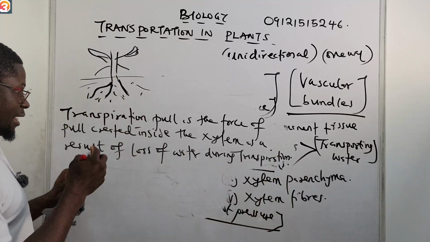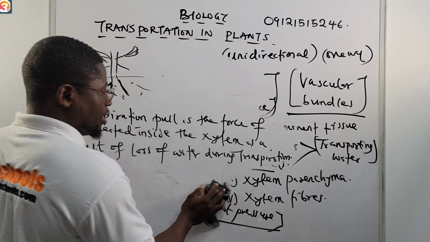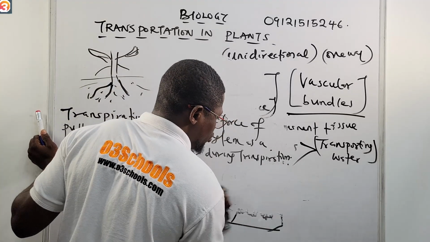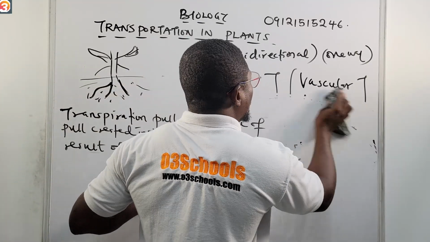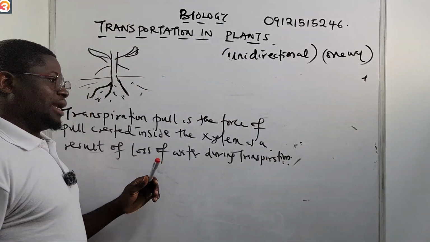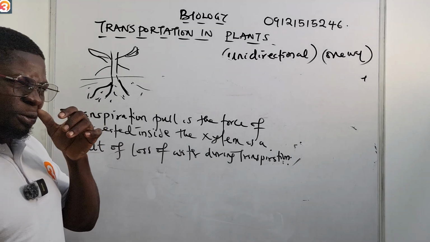Take note of that. That is what transpiration pull does, and water eventually gets to the upper part of the plant. So that is transpiration pull.